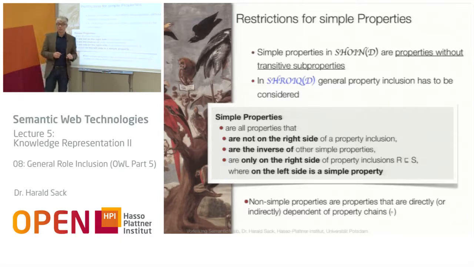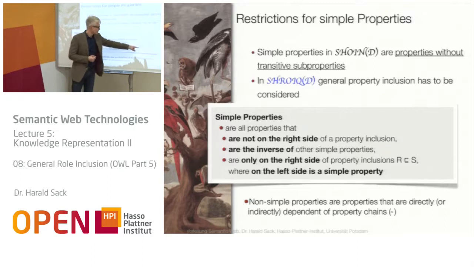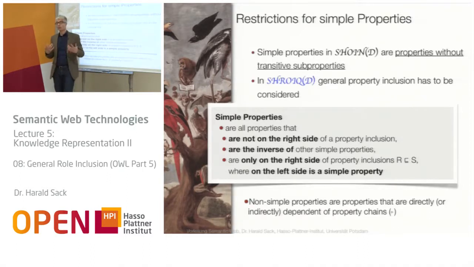There, simple properties are properties that are not on the right side of a property inclusion or that are the inverse of other simple properties. Or, this is the last case, they are only on the right side of property inclusions where on the left side is a simple property. So where you have such a simple inclusion, a simple subproperty that only consists of simple properties, then it's also a simple property.